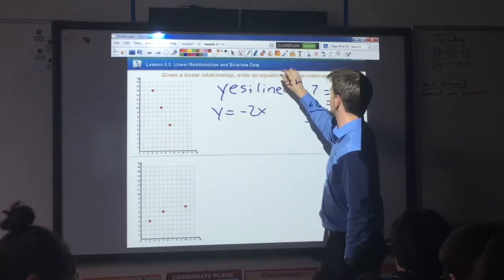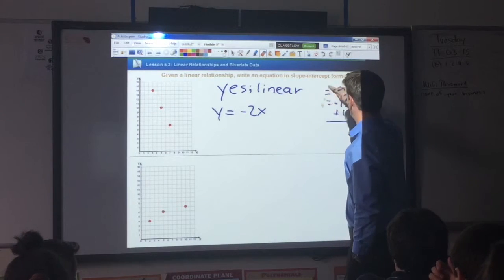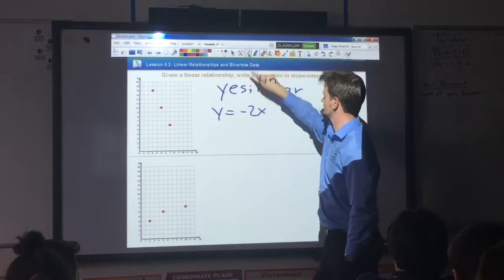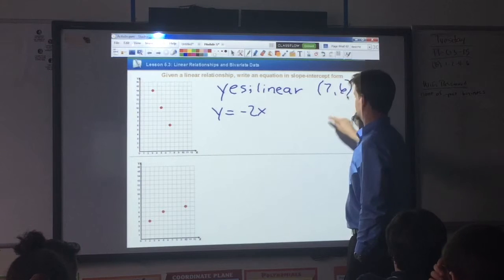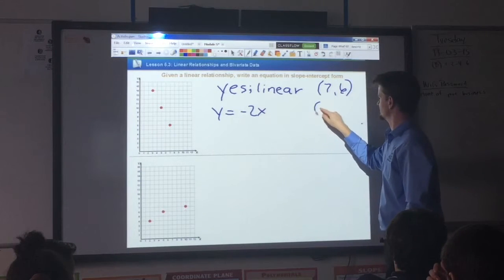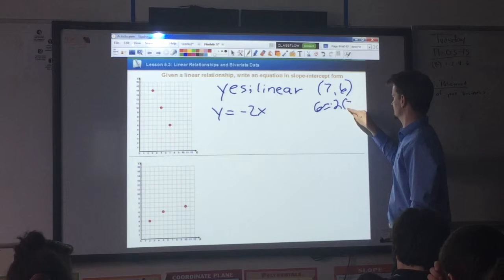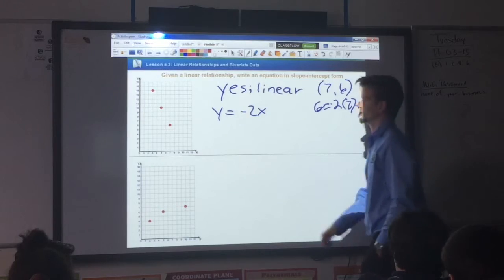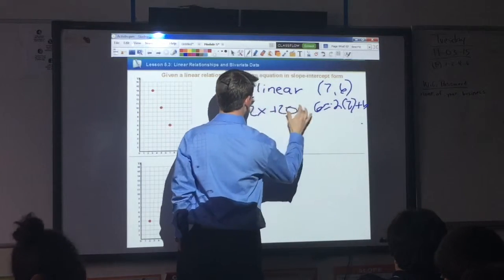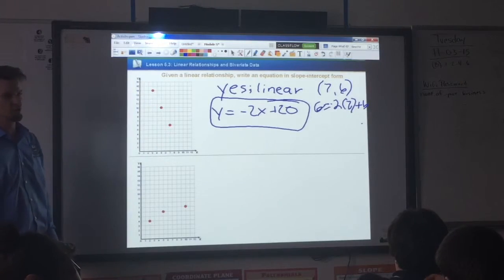Oh, I reversed it. Okay, hold on. See what happens when you don't write the coordinate pairs? 7, comma, 6. And then we have 6 is equal to -2 times 7 plus b, and yes, that would be 20. Good job. Y was -2x plus 20, in case you wanted to solve it.